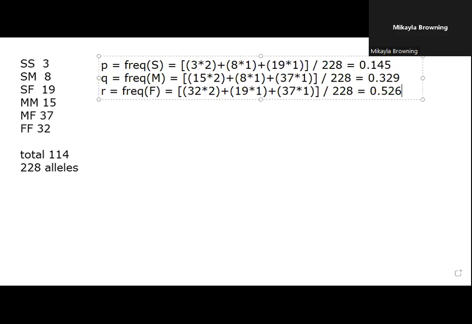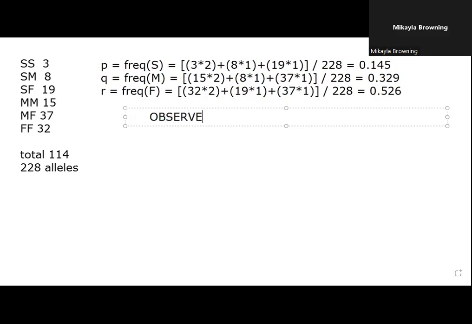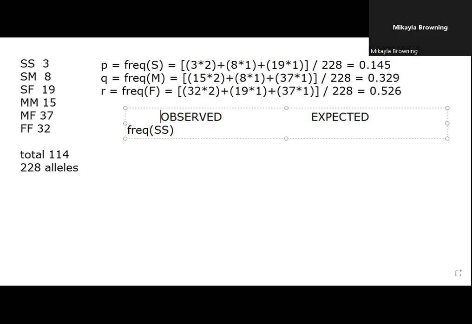The second part is: is our population in Hardy-Weinberg? Well, to answer that, we can set this up as a table where we're comparing observed and expected. What's our observed frequency of big S, big S?